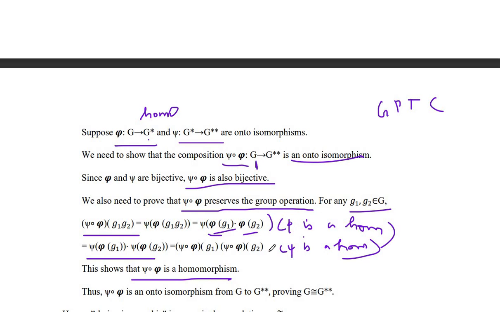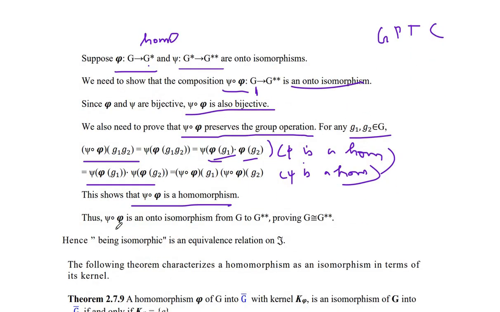So nothing special that we have considered. So we have psi composition phi, a bijective homomorphism, from G to G double star. So G is isomorphic to G double star. So being isomorphic is an equivalence relation on the collection of all groups.